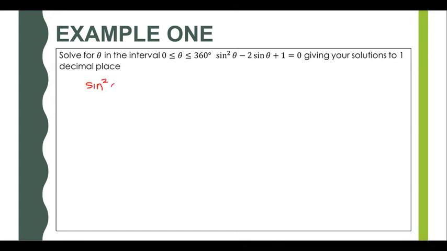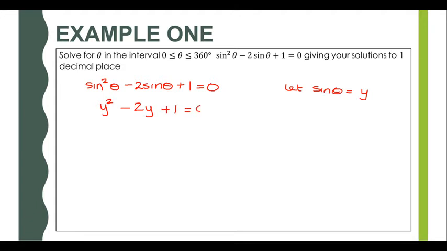If we let sine theta equal y, we can write this equation more simply as y squared minus 2y plus 1 equals 0. All I've done here is substitute y for sine theta.